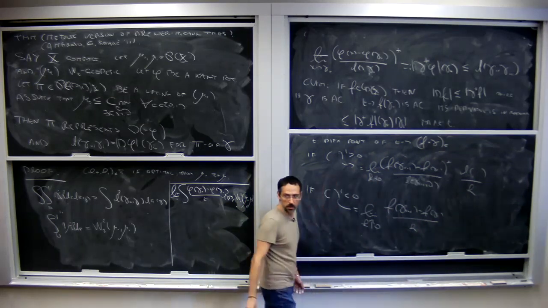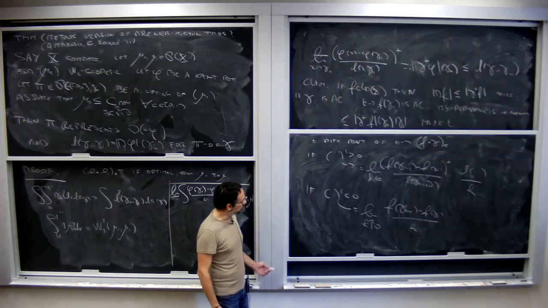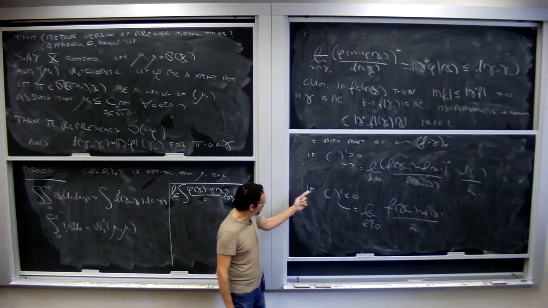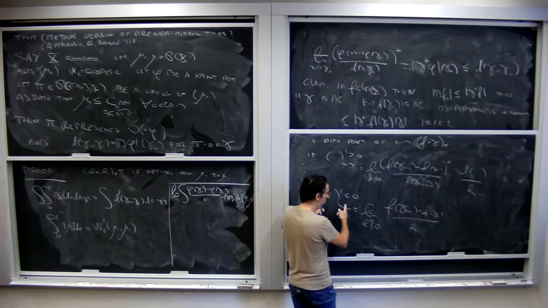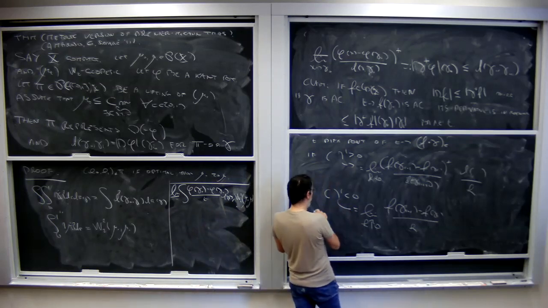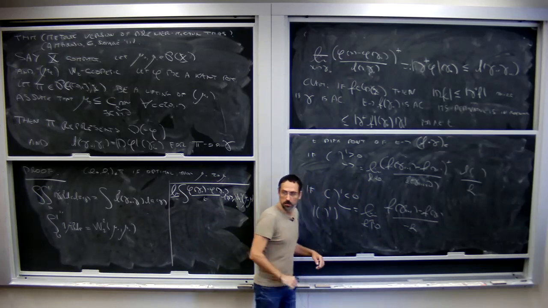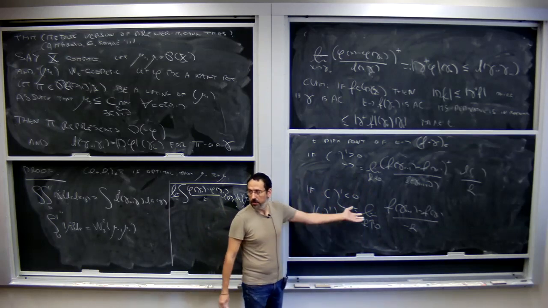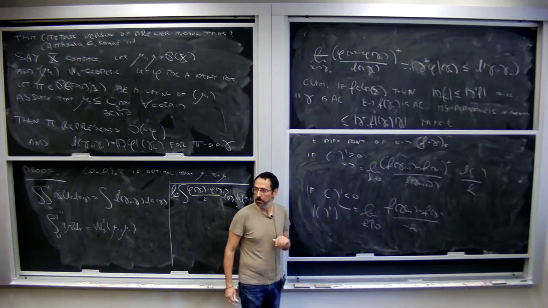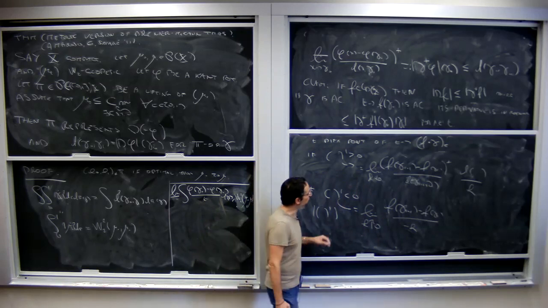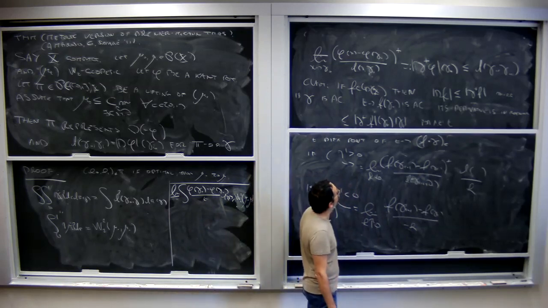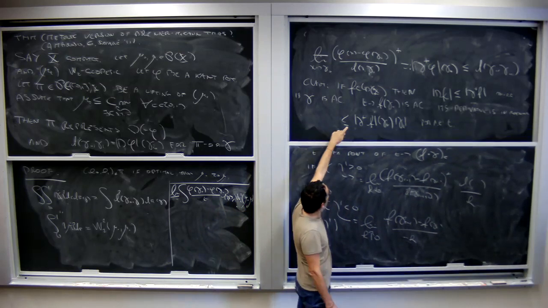But when you take the absolute value of this thing, the modulus of the derivative is equal to this, and then again you take the positive part and you're done. So this proves my claim.